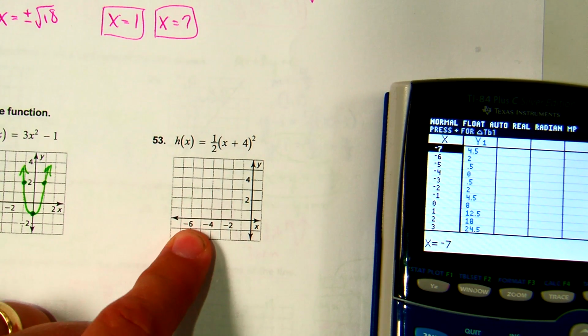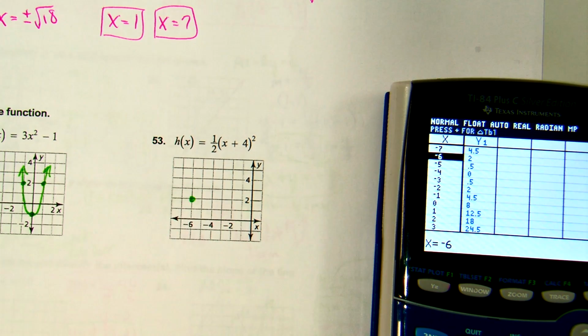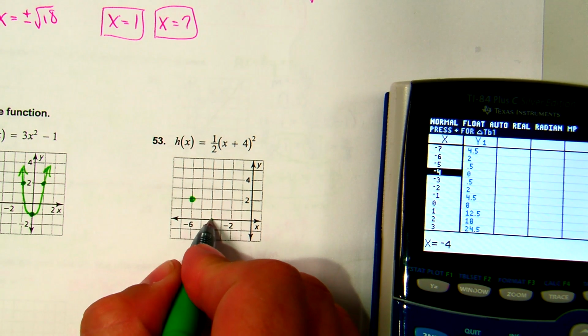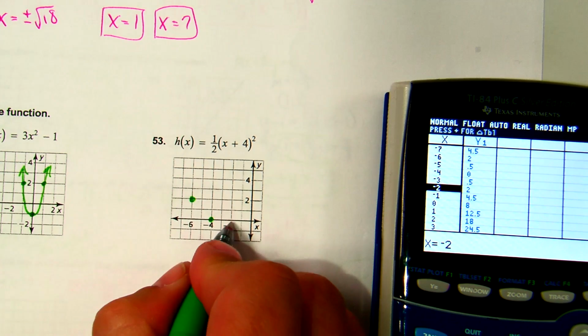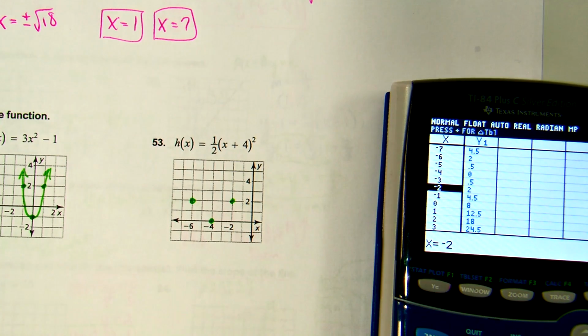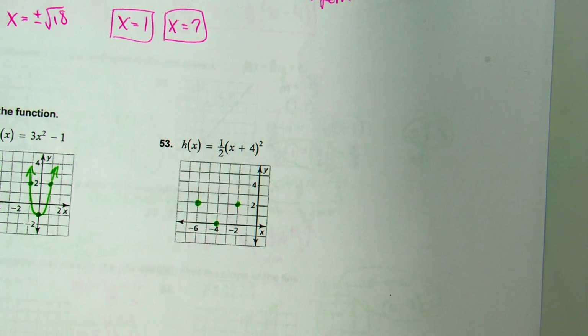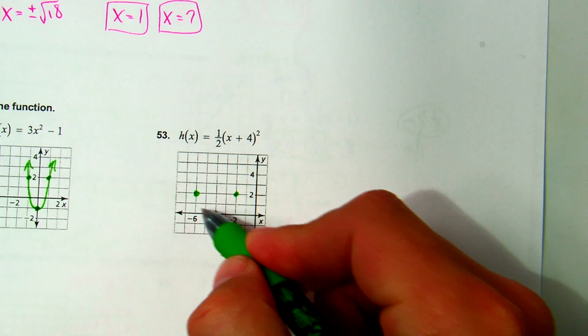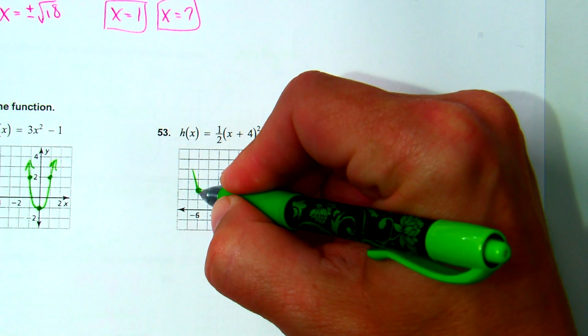If I went to negative 6, I'm going to have a positive 2. If I go to negative 5, I would go to 0.5. If I go to negative 4, I get 0, and then it looks like it goes back up. So at negative 2, I'm going to go to 2, and that's plenty of points. I'm going to be able to graph this pretty easily now. This is another parabola, opening upwards, so I'm going to have a graph that looks like this right here.